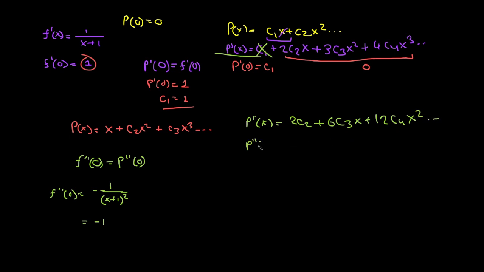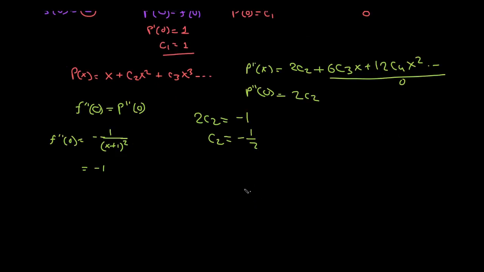And again, if we enter 0, all our x's cancel, and we're just left with 2c2. Then we have to make sure that they match, so 2c2 is going to be equal to negative 1, which gives us c2 is equal to negative a half.